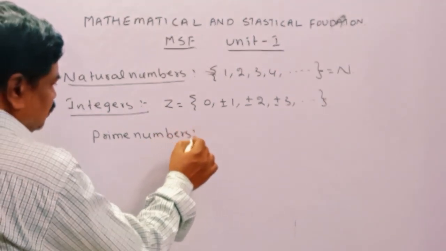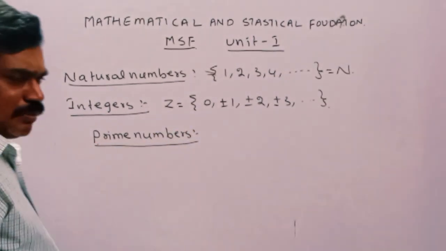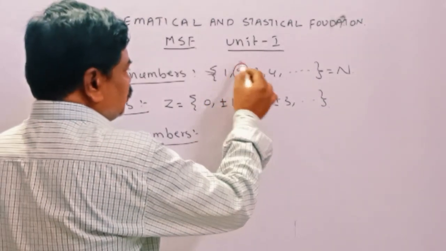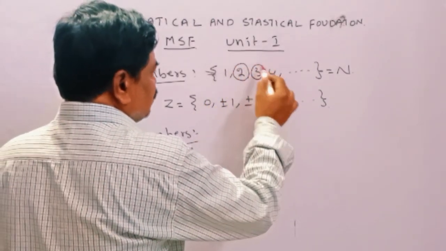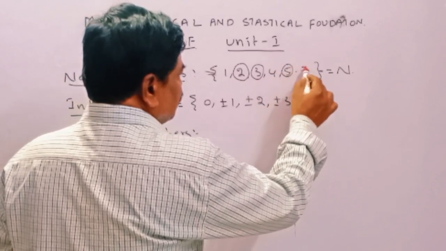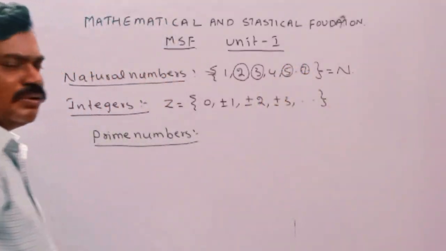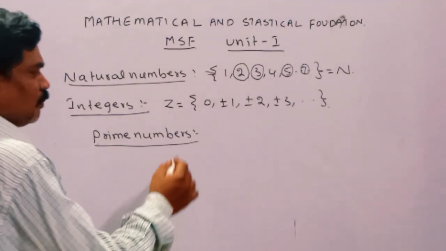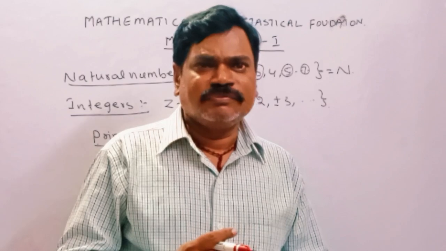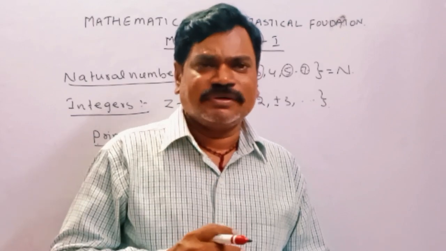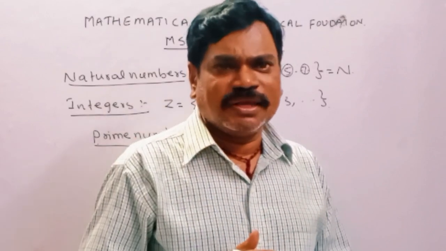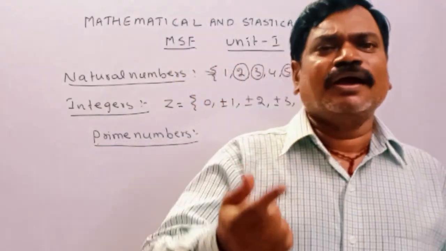What are the prime numbers? 2 is a prime number, 3 is a prime number, 5 is a prime number, 7 is a prime number, and so on. A prime number is a number having only two factors: 1 and itself.